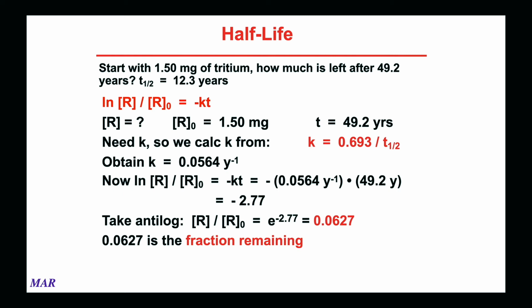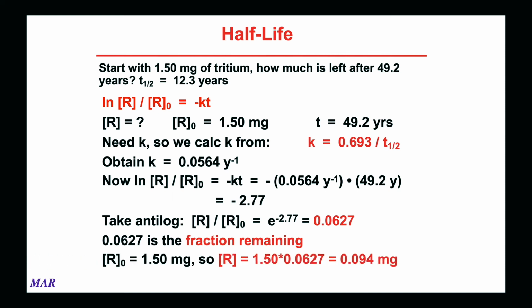So of the R0 we started with, 1.50 milligrams, 0.0627 is literally the fraction of that amount that's going to be remaining. So if we take that number and multiply it by the amount we started with, 1.50, we're going to be down to 0.094 milligrams of tritium. So you can see how we used half-life to find rate constant.